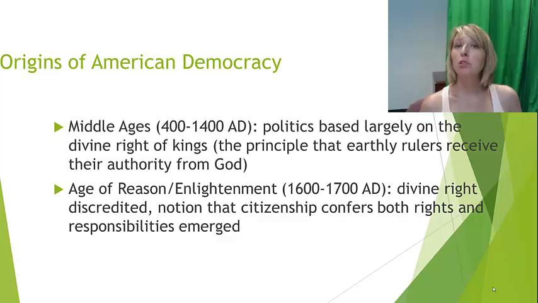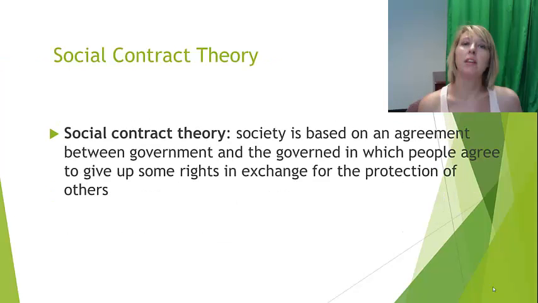If you're able to engage in reason, then under Enlightenment thought, you should also be able to confer rights upon yourself and others, and you should be able to make decisions, i.e. the idea of autonomy really emerges with Enlightenment thinking.